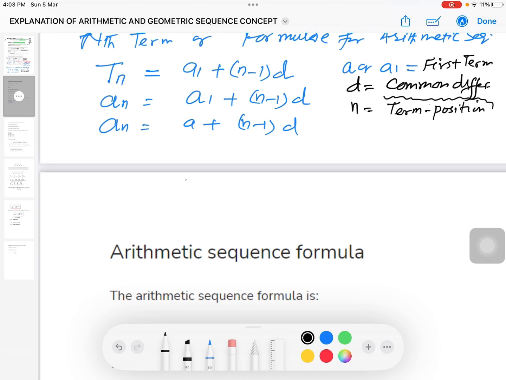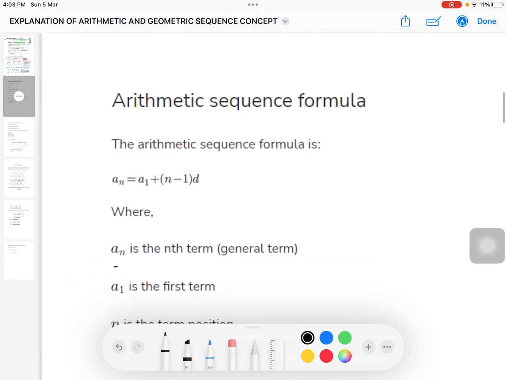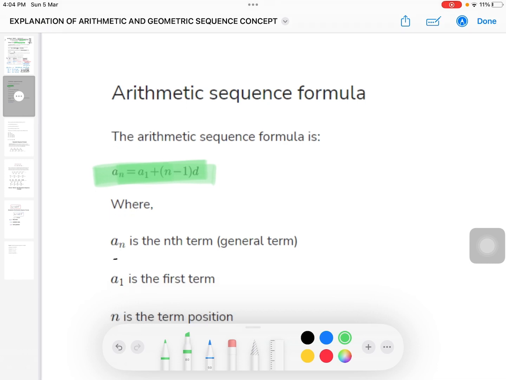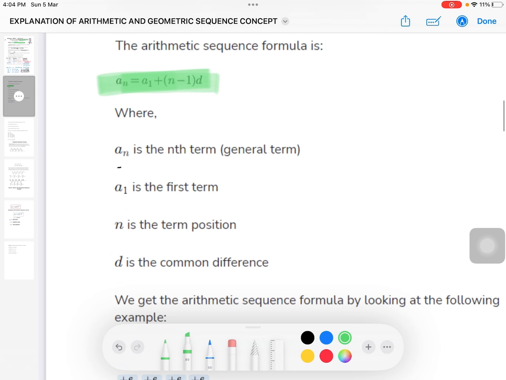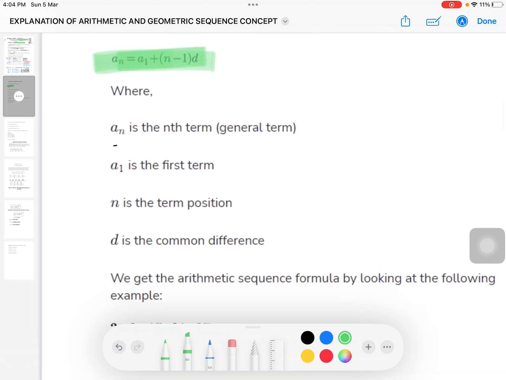Just remember that n is the term position, and I will be giving an explanation for this. Now the formula is what I wrote there: an is the nth term, a1 is the first term, n is the term position, and d is the common difference.